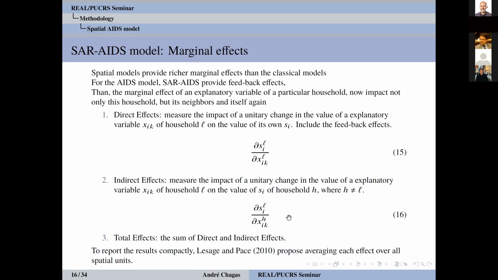Then now when the price changes, it's not only an average change in the price, but the price changed in a specific family, and the family will change the consumption because of this change in the price, but changing its consumption, it will impact the neighborhood consumption and so on.